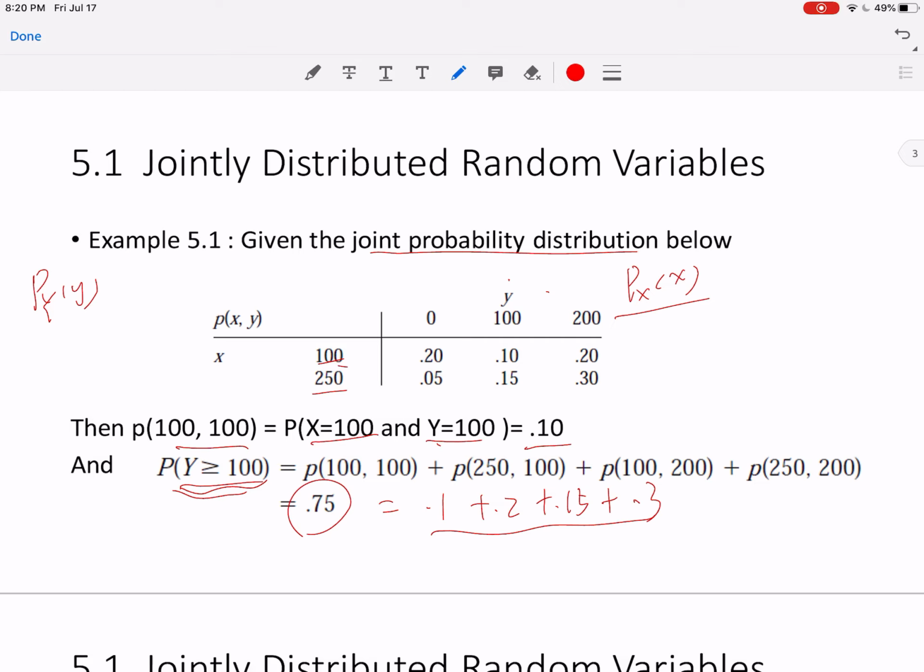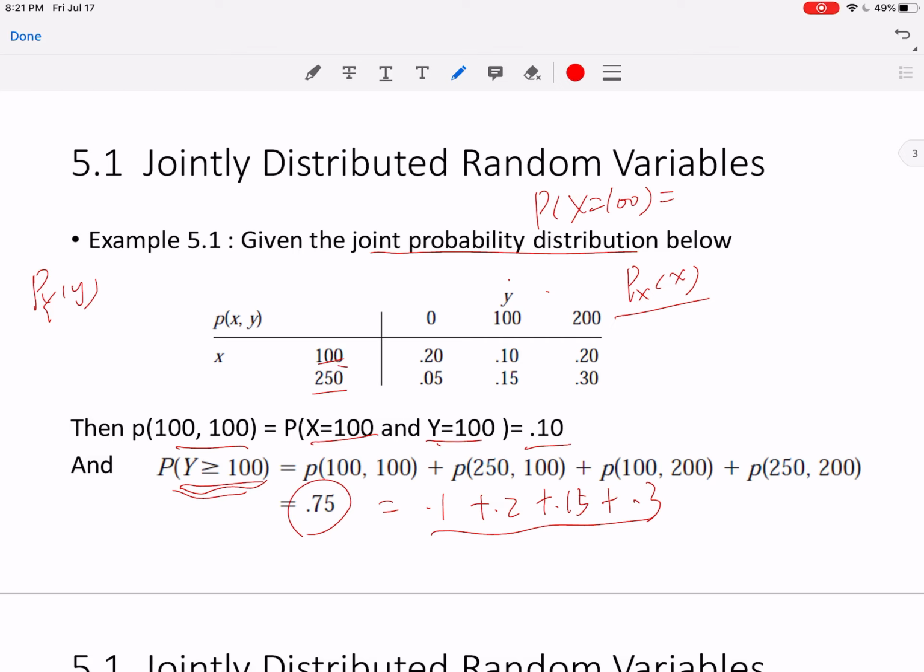Now let's take a look at how to find the probability x is equal to 100. Once again, we don't need to worry about y. Y could be any number.